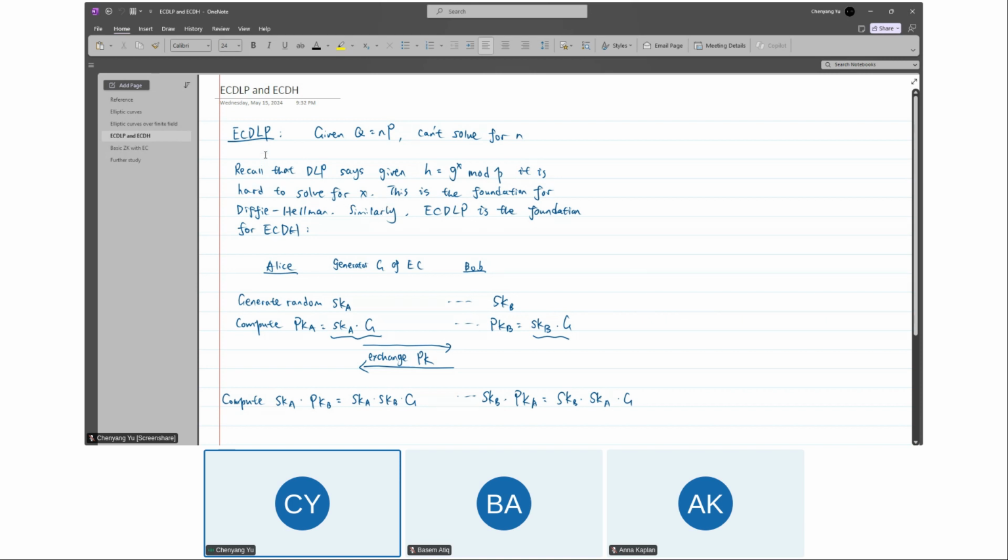So right now we are working with elliptic curve Diffie-Hellman. We are replacing this hardness assumption with the elliptic curve. How it works is we generate a secret key, just some random integer, for Alice. Bob generates a random secret key for himself, still a random integer, and then we compute the public key.